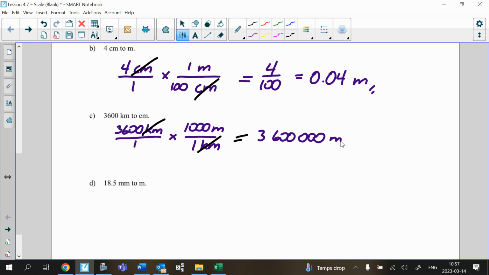So that's meters. But now I've got to convert that to centimeters. So I actually have to do 2 conversions. So I've got to take the meters I just got, 3,600,000 meters over 1, and use the conversion factor from meters to centimeters. So it's 100 centimeters is 1 meter, but I put the 1 meter on the bottom because I want to cancel it with the 1 meter up top here, which means I put the 100 centimeters up top.